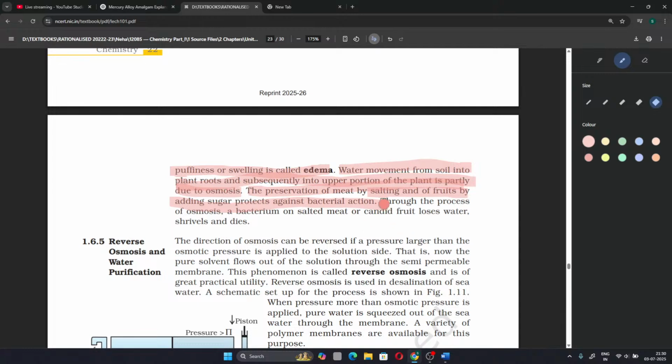Salting creates a hypertonic solution, taking the water, drying the meat, and fruits. Through the process of osmosis, a bacterium on salted meat or candied fruit loses water, shrivels and dies.